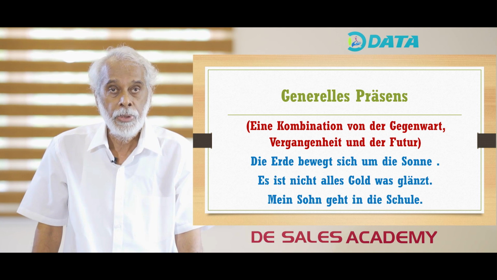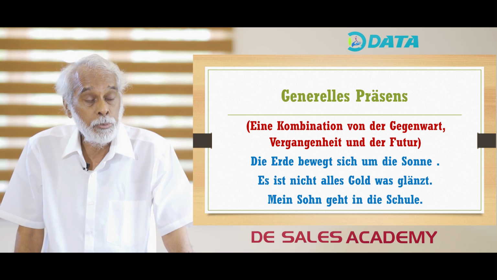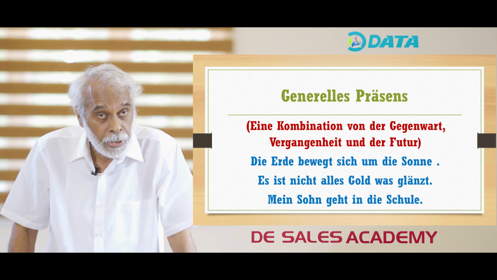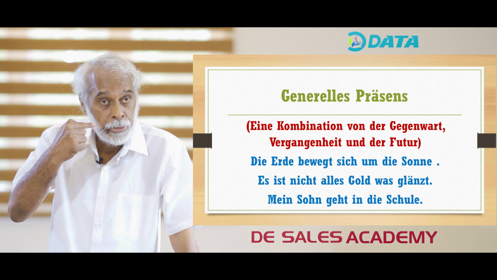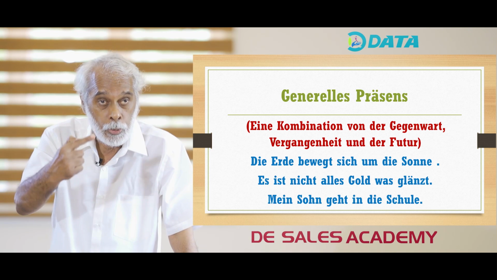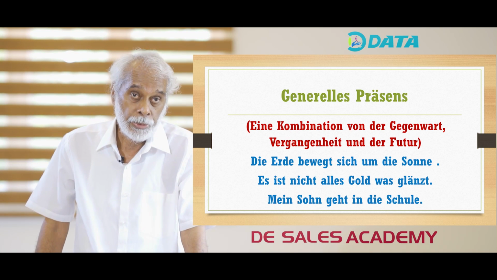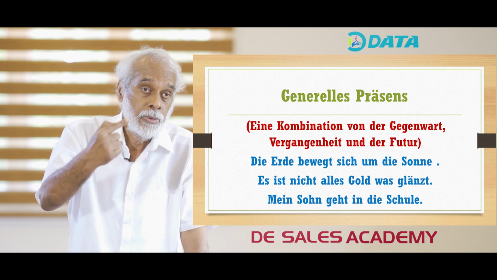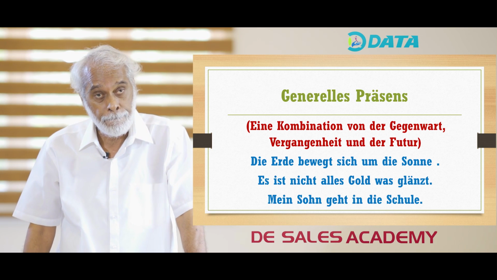Beispiel: Die Erde bewegt sich um die Sonne. The earth goes round, revolves round the sun.